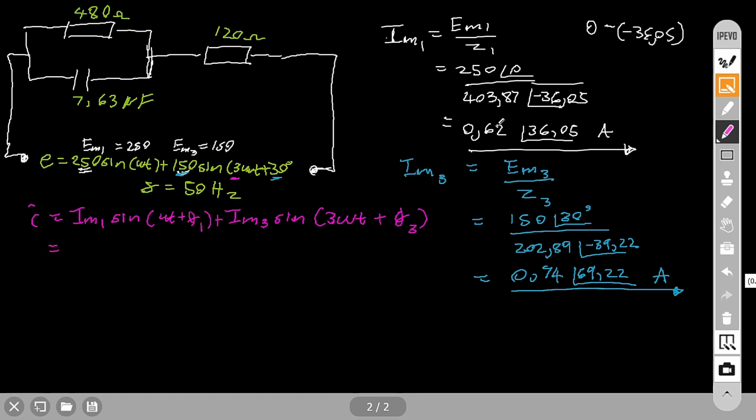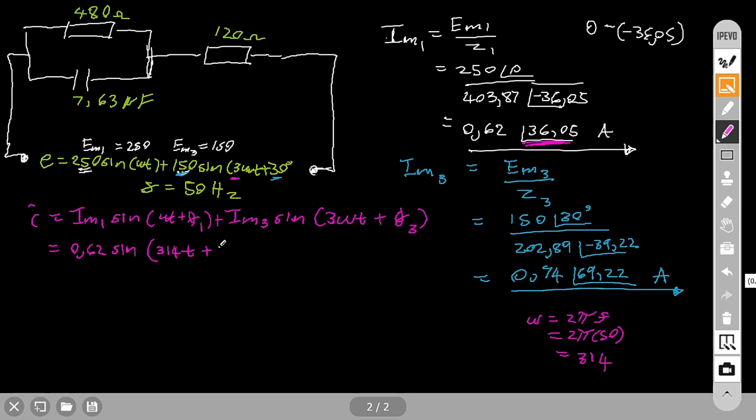So your I1, you have it here, it's 0.62 sine. And then guys, what is your omega? Your omega is equal to 2 pi f. So you just punch this in your calculator. Remember your f is your frequency, which is 50. And then here you'll get 314. So this is 314t plus, what is your angle? Your angle is this one.